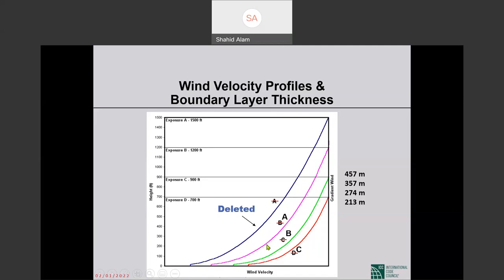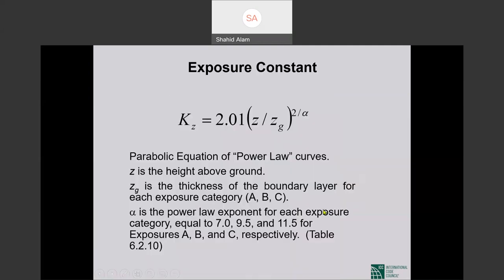BNBC exposure A, you have a fairly steep rise. B, it is flatter. C, wind coming over a large body of water, you have the flattest rise.